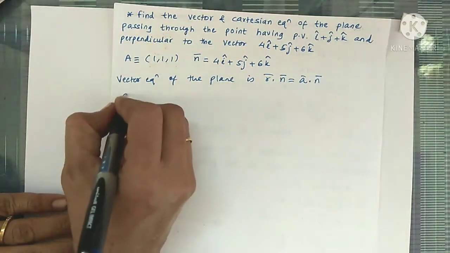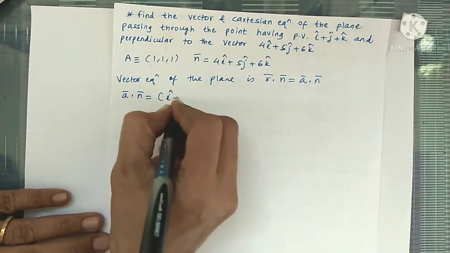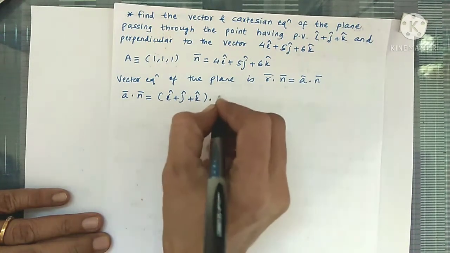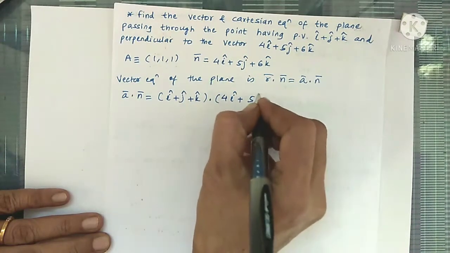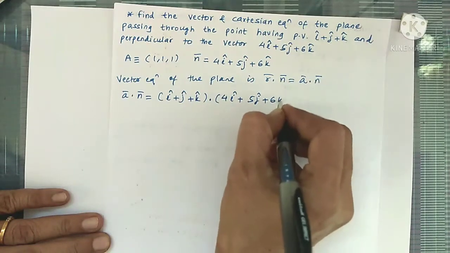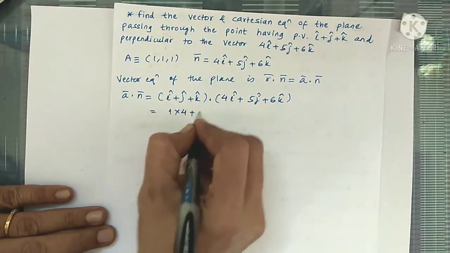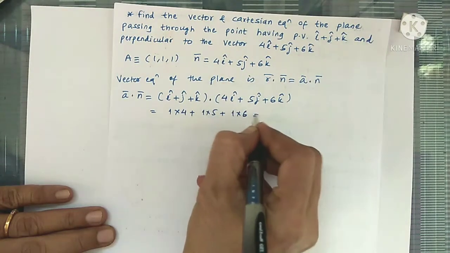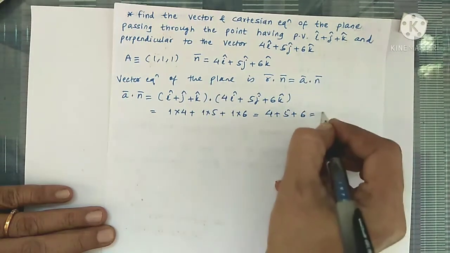First let's find a bar dot n bar. a bar is i cap plus j cap plus k cap, dot n bar, 4 i cap plus 5 j cap plus 6 k cap. So this is 1 into 4 plus 1 into 5 plus 1 into 6, which is 4 plus 5 plus 6, that is 15.